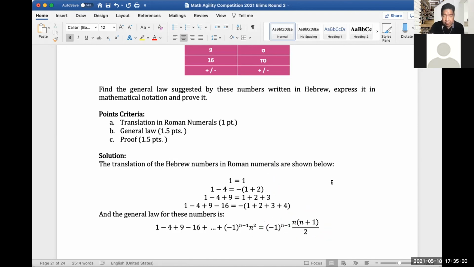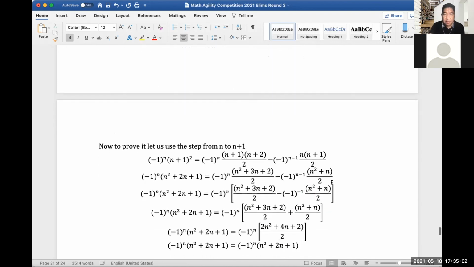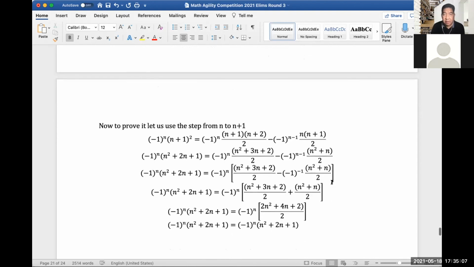Okay, so let's prove it. Let's use the step from n to n plus 1. If I change n to n plus 1, I'll get this expression here. And of course on the right-hand side, this would be your value for n and n plus 1.